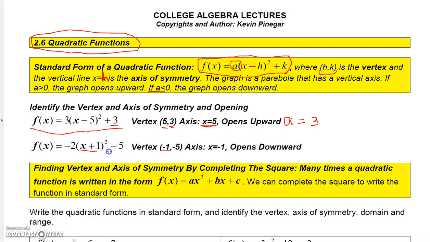And on the outside we have minus 5, so that's like plus a negative 5, so the k value would be negative 5. Now the axis is the vertical line x equals negative 1. And here a is negative, because a is actually negative 2, so this opens downward. And I'll show you the graph of these two parabolas so you can see this.